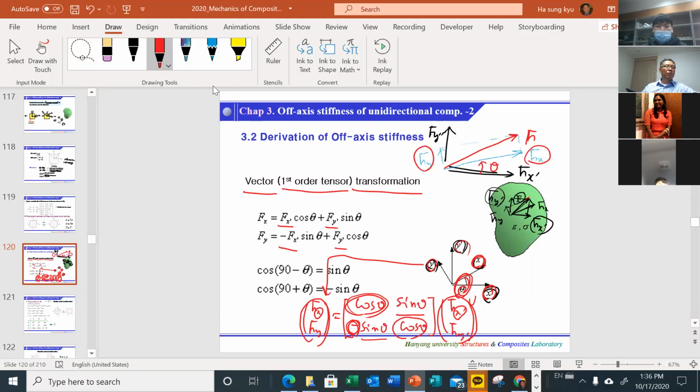Say this is the x and this is the y prime. Since this angle is 90 degrees minus theta, the cosine of 90 degrees minus theta is the sine theta. That's why it is a sine theta.